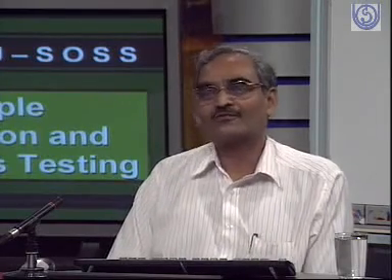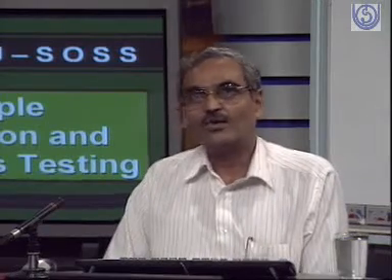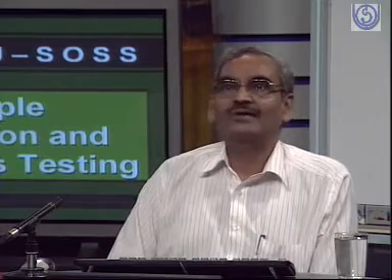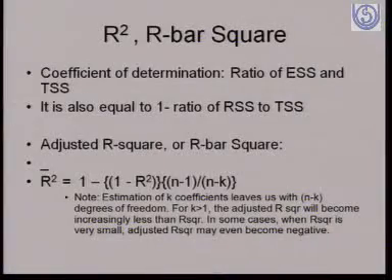So this R bar square is an innovation which has been introduced by econometricians to rule out the possibility of inclusion of absurd variables on the explanatory side. This R bar square is calculated as 1 minus, in brackets, 1 minus R square multiplied into n minus 1 divided by n minus k. K is the number of parameters which have been estimated in any of the regression equations.